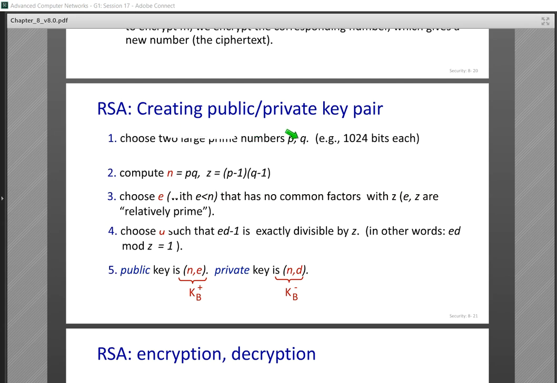Prime means that I cannot divide them into smaller parts. For example, 5 is prime, 7 is prime, but 8 is not prime, because I can divide 8 into 2 and 4. 2 times 4 is equal to 8. So firstly, I'm choosing P and Q as two prime numbers.